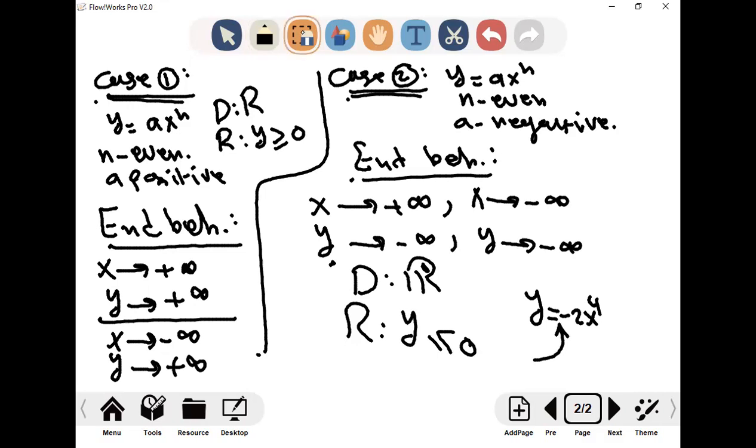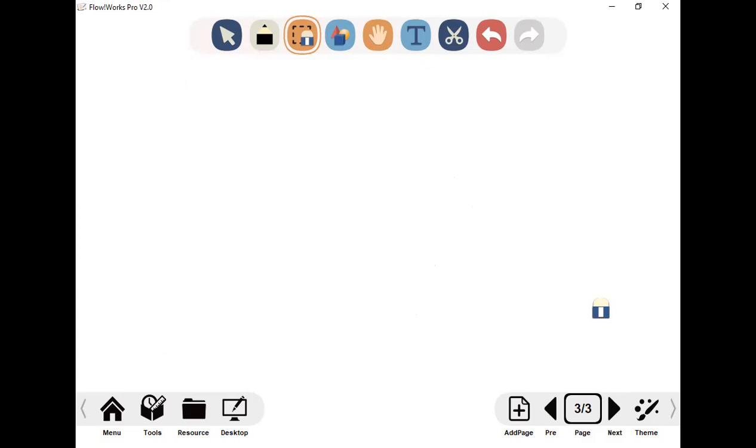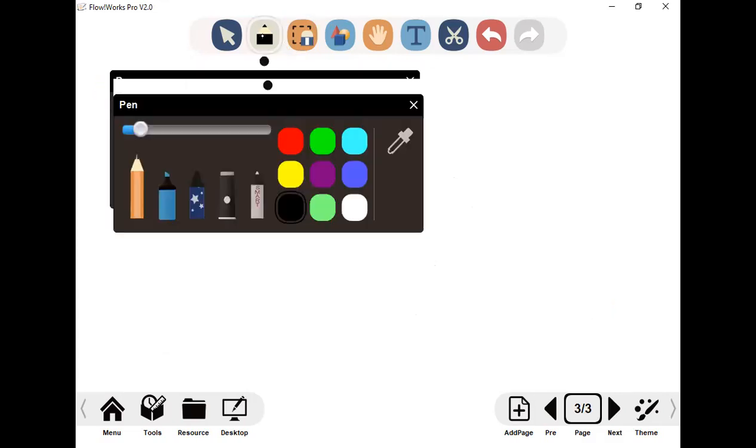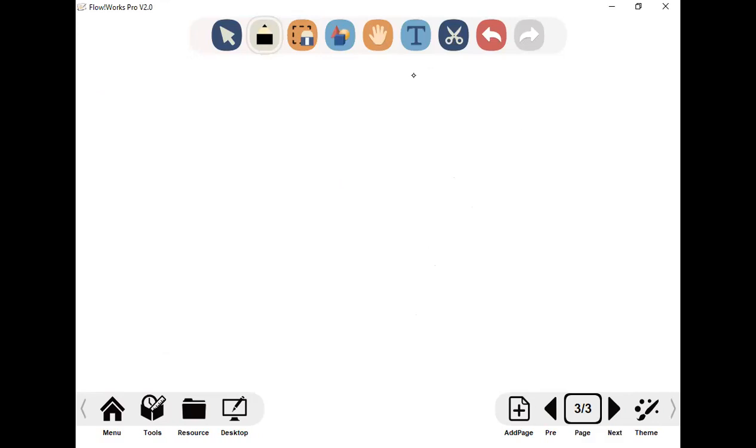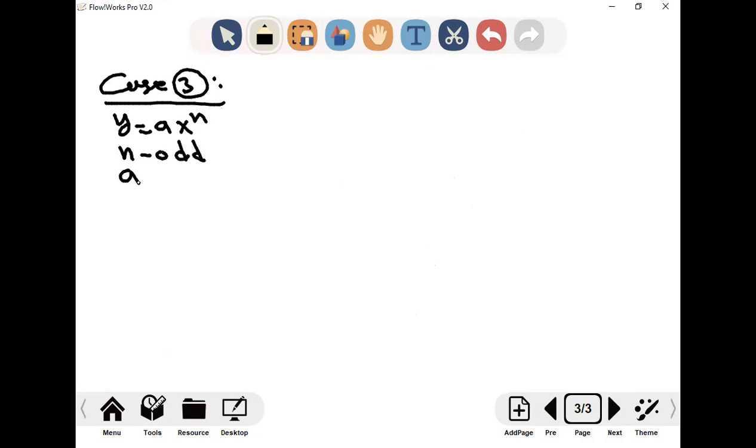Now we are done with the even power, with two cases. If A is positive, if A is negative. Now we have the two cases for the odd, okay? Case 3. y equal ax power n if n is odd and A is positive. And here I will graph one of them, which is x power 3.